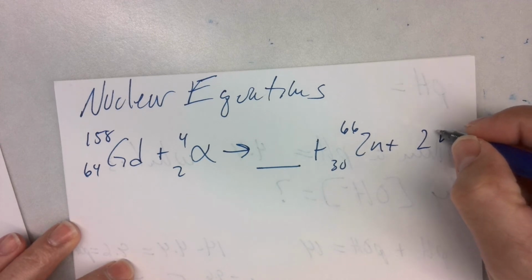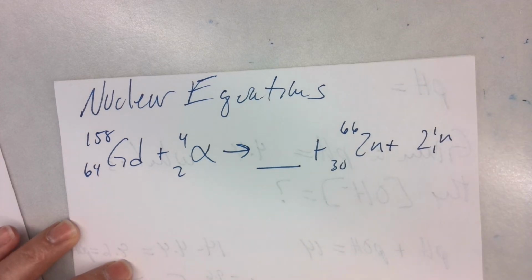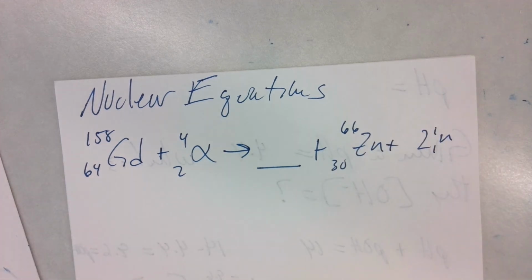Neutron was 1 and 1, right? Wait, no. Never mind, I'm good. Sorry. That's a zinc. I think that works.